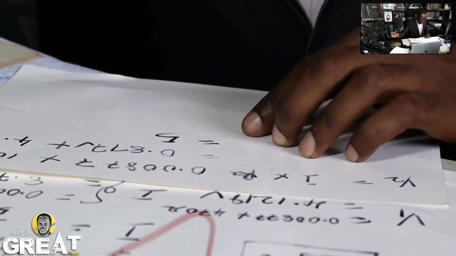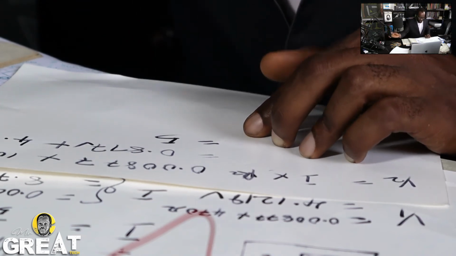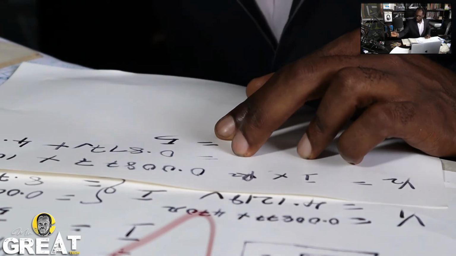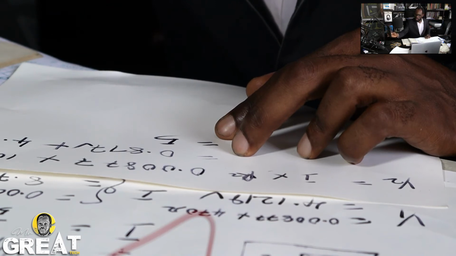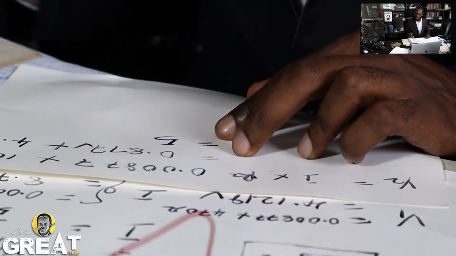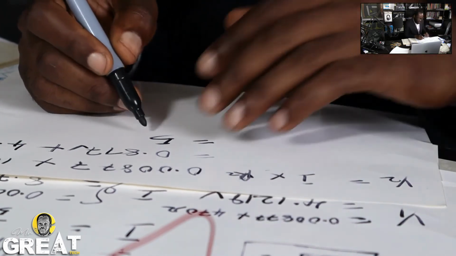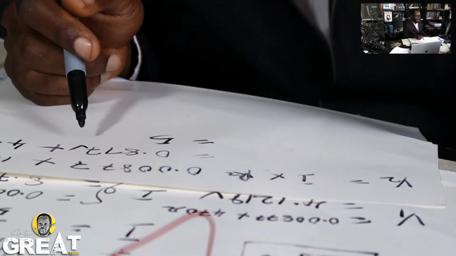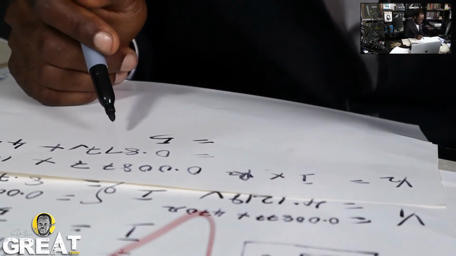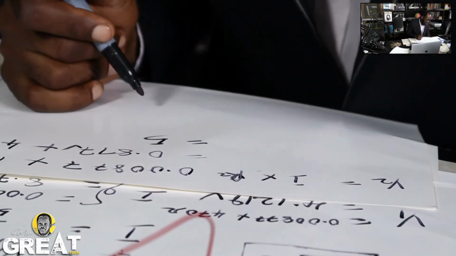So plus the answer, plus 4.1219, okay, I'm getting 4.999, approximately 5 volts, because I didn't add all the decimal points in the former listing. Okay, so that is it.